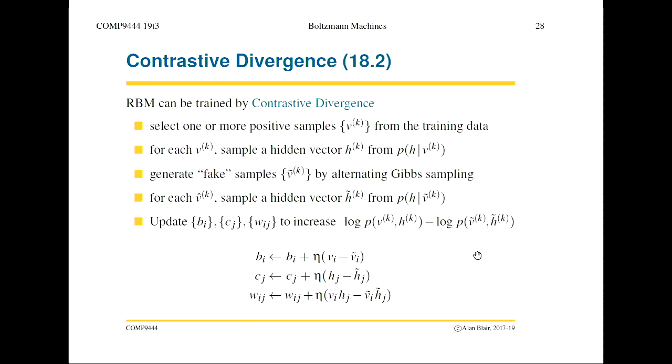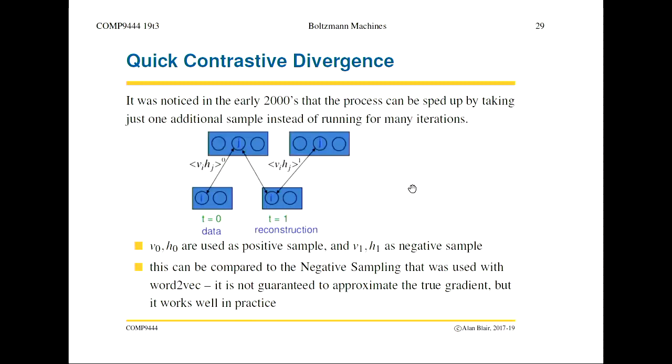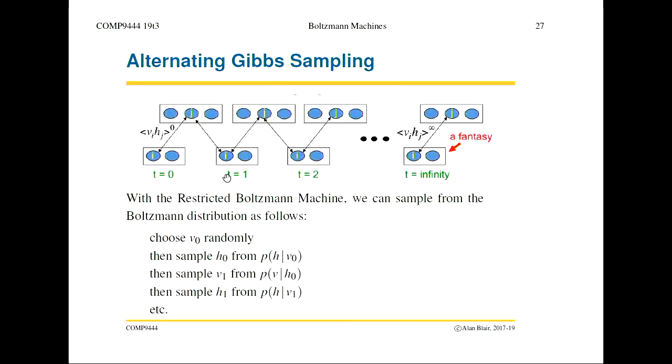Now, this took a long time to train, so someone in Hinton's lab had the idea: theoretically, we should be doing this process several times, but what would happen if we just do it once or twice?